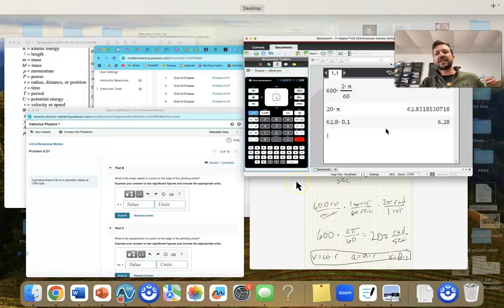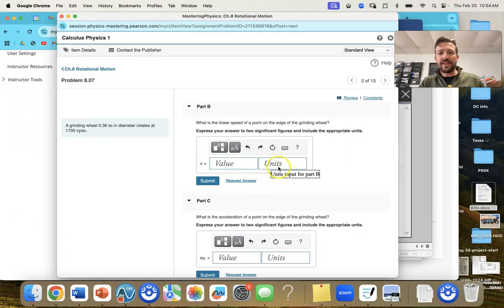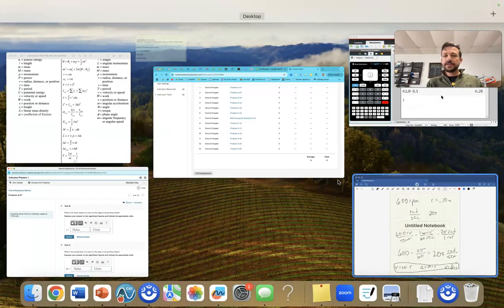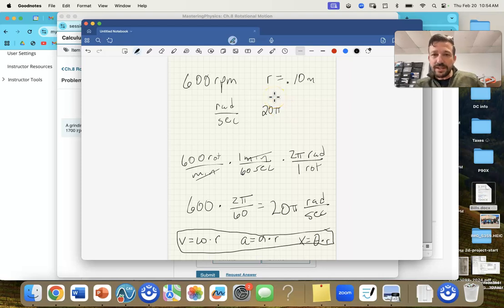I got my answer of 6.28, and it's now in linear, so it wouldn't be radians per second, it'd be meters per second. So it'd be 20 pi times 0.10, and that would be 6.28 meters per second, because now it's a linear distance, okay?